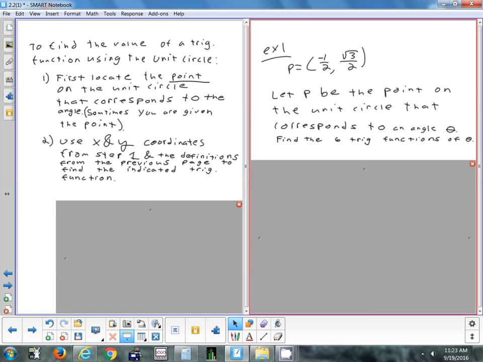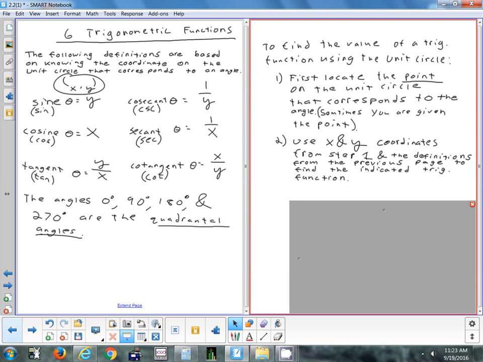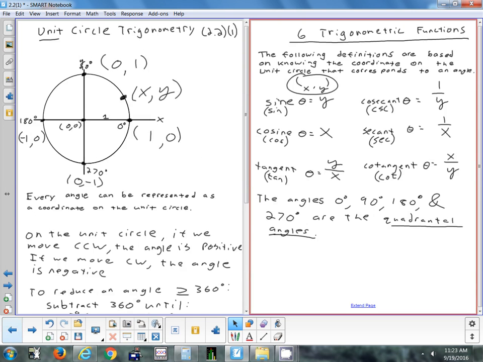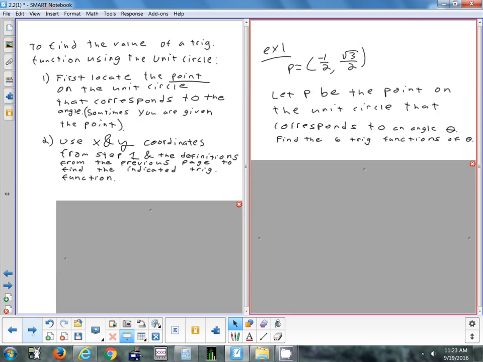Jared, in example 1, are they giving me the coordinate, or do I need to find it myself? Yeah, they're giving me a coordinate. Now, this coordinate has numbers in it we didn't see on this page anywhere. It doesn't have any zeros or anything like that. Do you think this is the coordinate for one of the quadrantal angles?